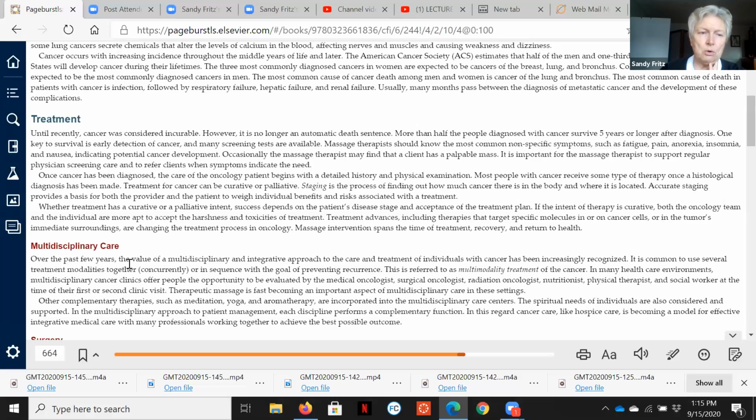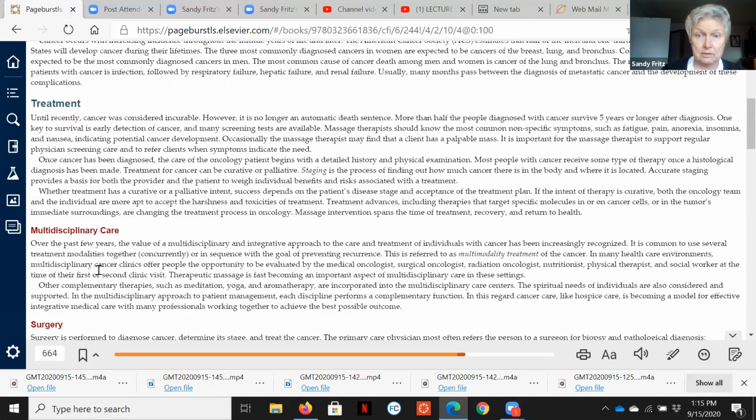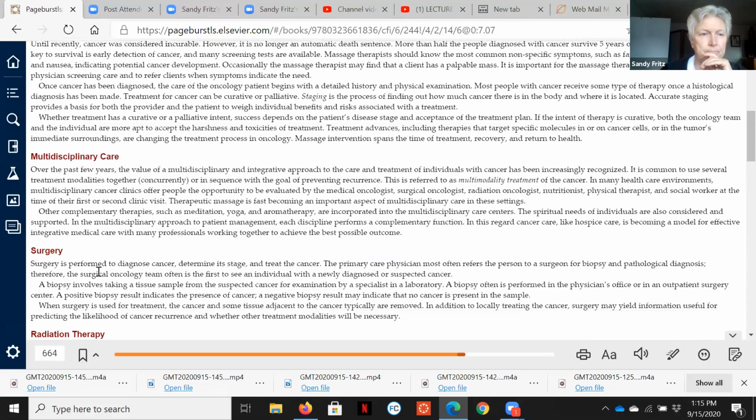And so this is a good place to be able to specialize if you're looking for research-based justification, because it does exist. So then here are the various treatments. That's what you've got to understand. Or what are the other treatments that somebody is going through?